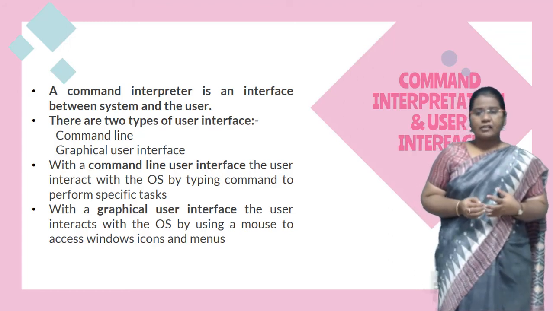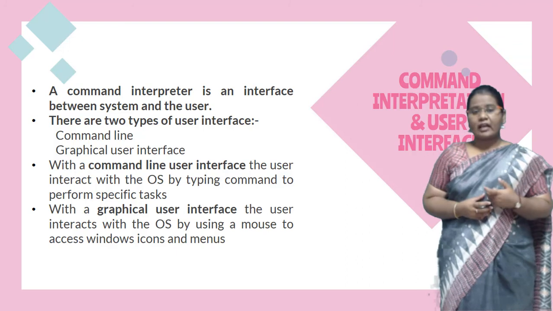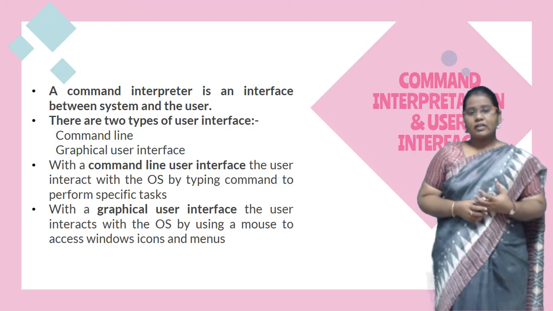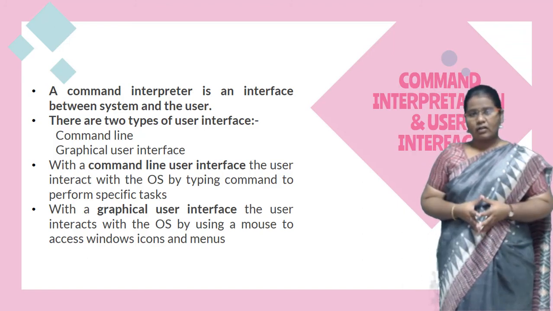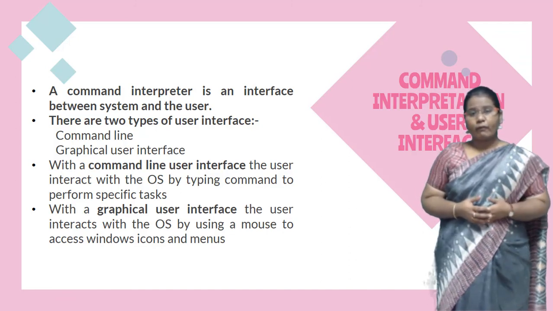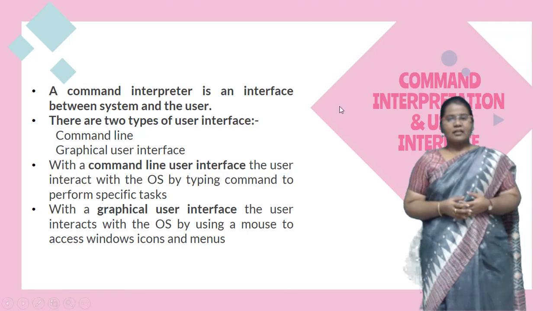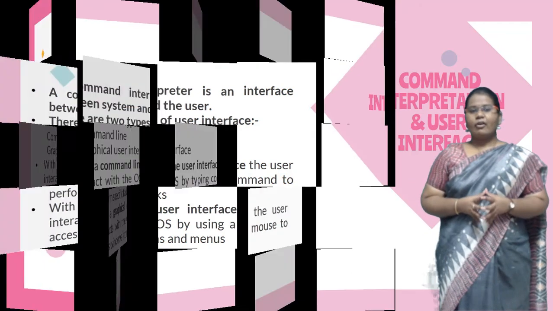Whereas the graphical user interface provides graphical images like icons, images, and labels, and it also supports the pointing device, that is your mouse. So the user can easily interact in order to perform some specific task. So these are the functions provided by the operating system.